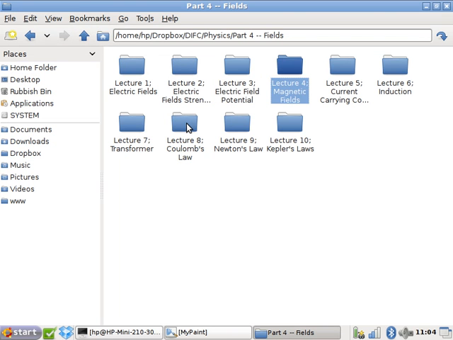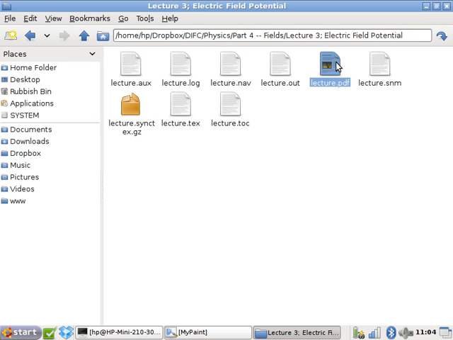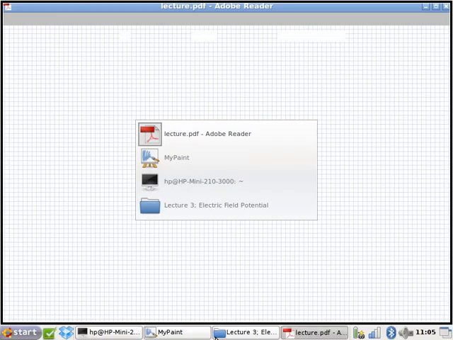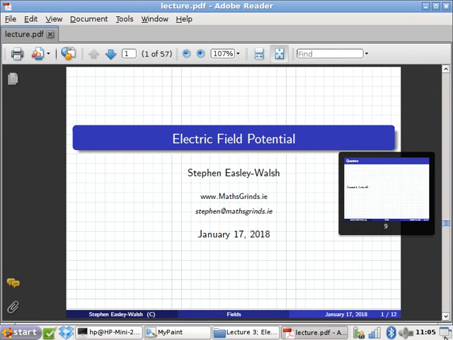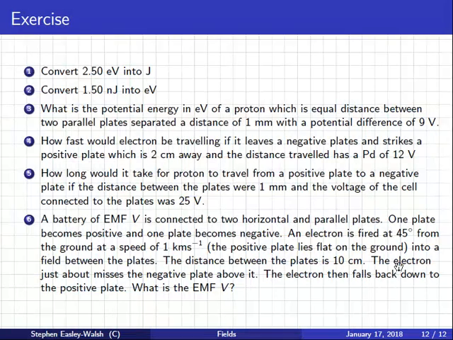Yeah, but the lesson before that as well, we need to look at the answers, don't we? This one, electric field potential, the one with the electron volt in it.